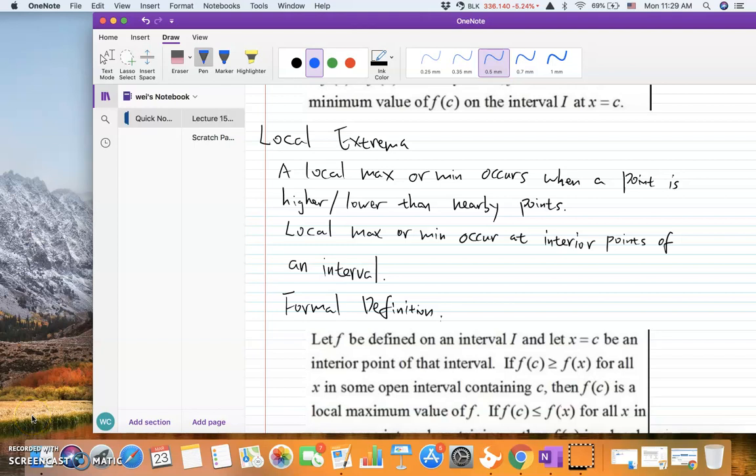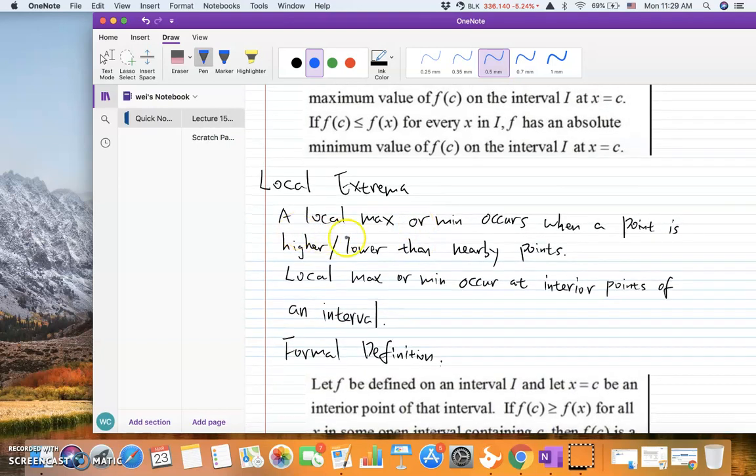Okay, now next we look at what is a local extremum. A local maximum or minimum occurs when a point is higher or lower than nearby points, and a local maximum or minimum occurs at an interior point of an interval.